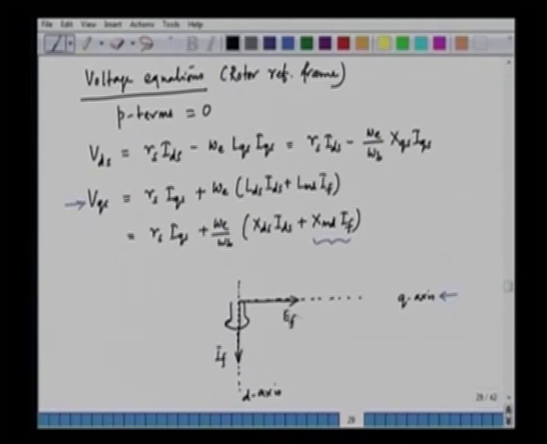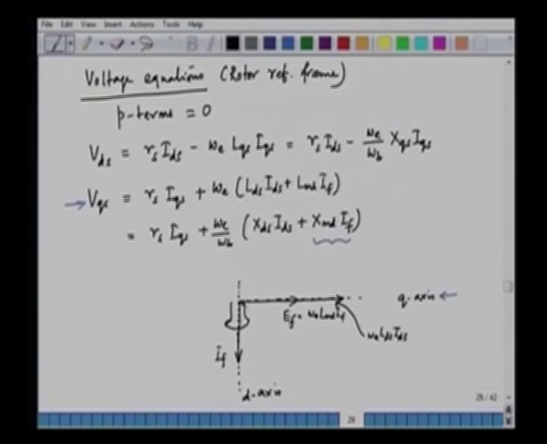And Ef is the same as omega e into Lmd into If. Then we also have a term omega e into LDS into IDS, that is also in the q axis. So we can show that term here, omega e into LDS into IDS.